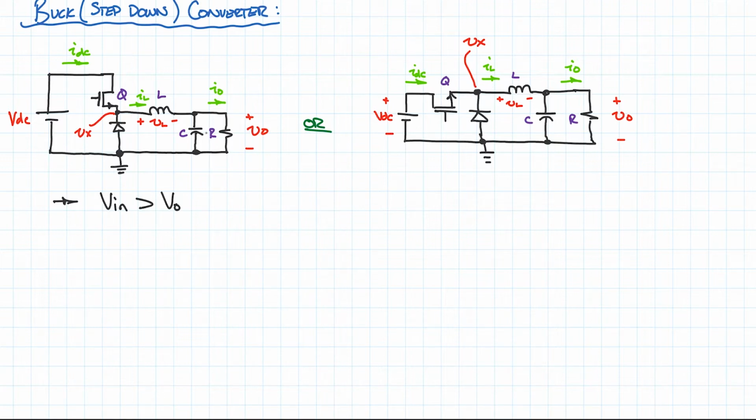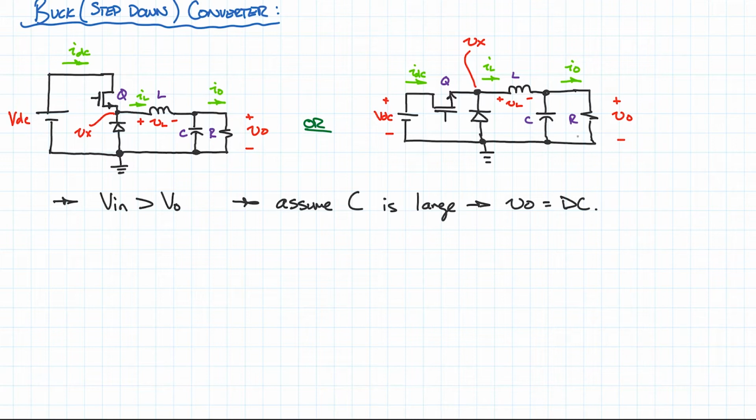The capacitor, we're assuming the capacitor is large. So let's make note of that: assume C is large. And so we can say that VO is DC. It will have some ripple on it in reality because this RC combination has some time constant.